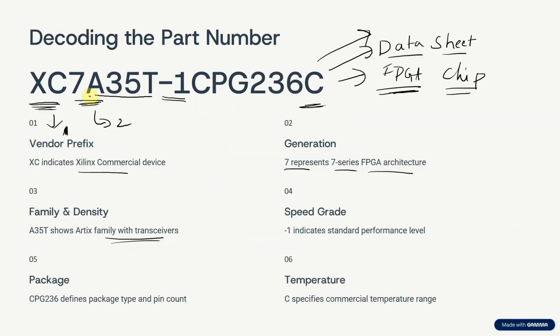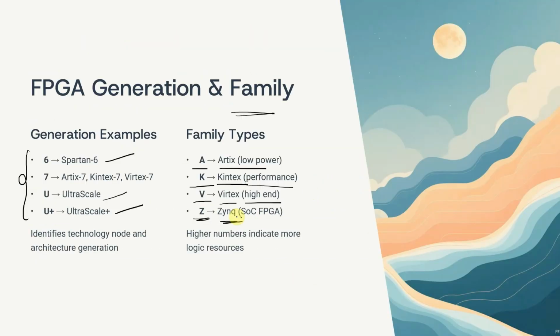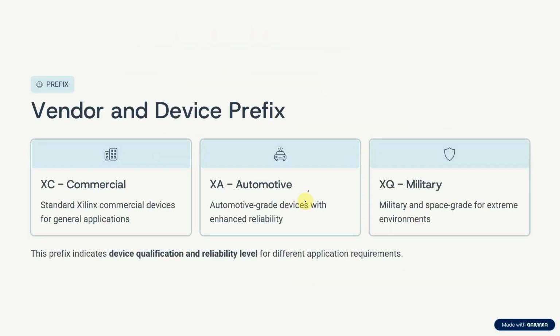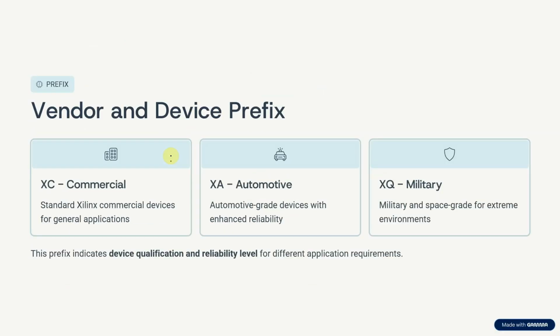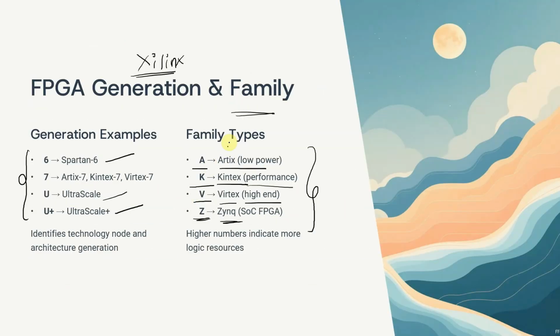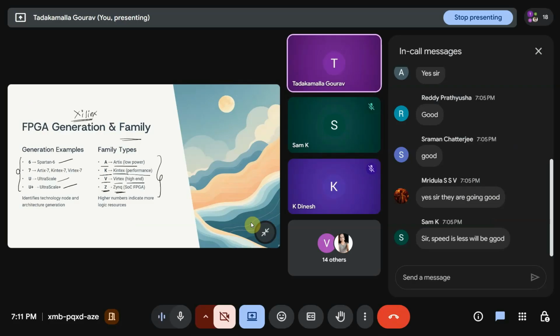If you have A here, it is for Artix FPGAs, and if you have XC7Z, then it is for Zynq-based FPGAs. And if you have XCV, it is for Virtex-based FPGAs. These are nothing but different types of families, and they all come under the Xilinx family only. In the Xilinx family, we first categorize our vendors and devices, and after that we categorize our families. Okay, up to here is it clear? Are you following me?